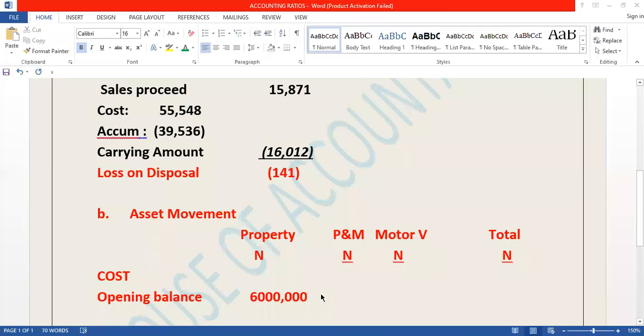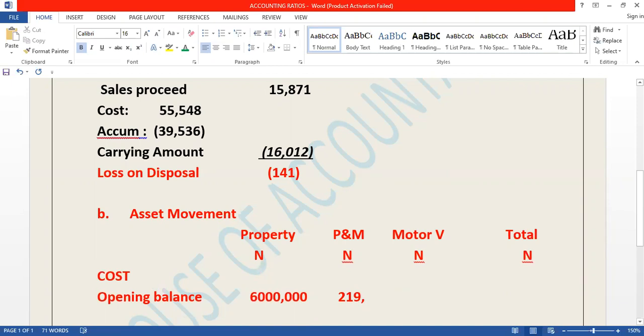So we are going back to that calculation now. How about the P and M? What is the opening figure for plant and machine? 2,419.